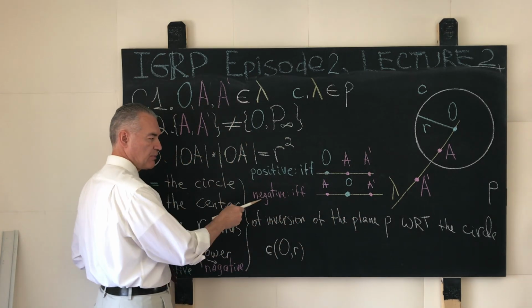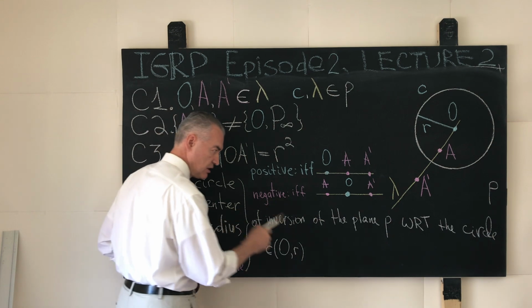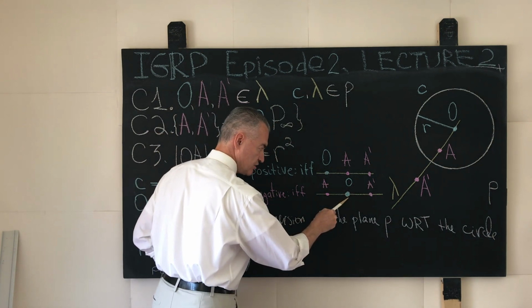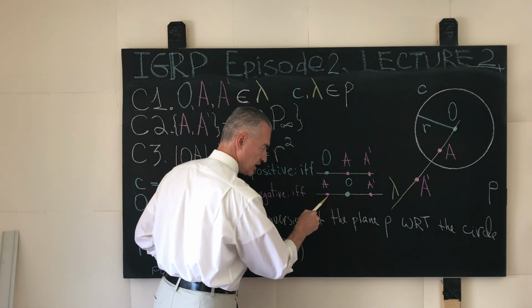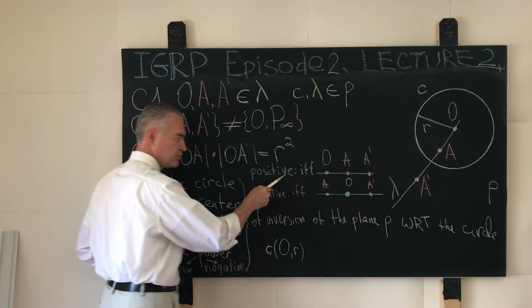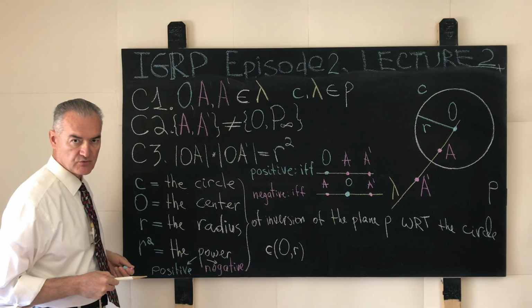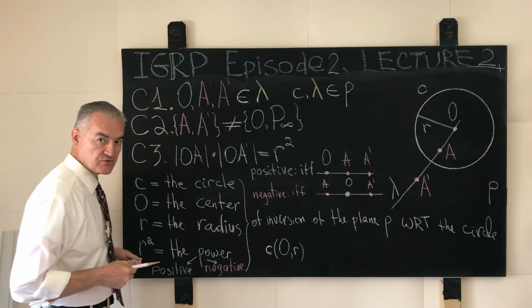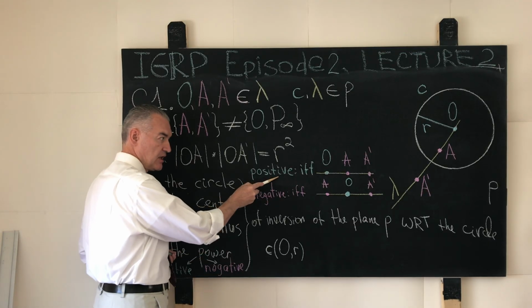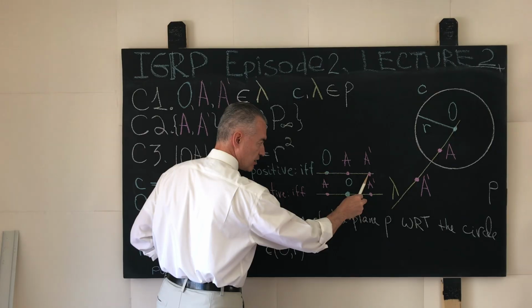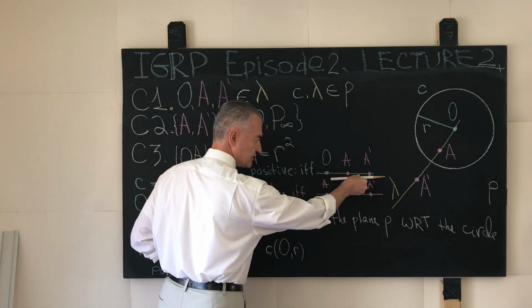And conversely, if the power of inversion is negative, then the center of inversion is located in between the points A and A prime. The same deal applies to the positive power of inversion. If the power of inversion is positive, then the points A and A prime are located on the same side of the center of inversion.